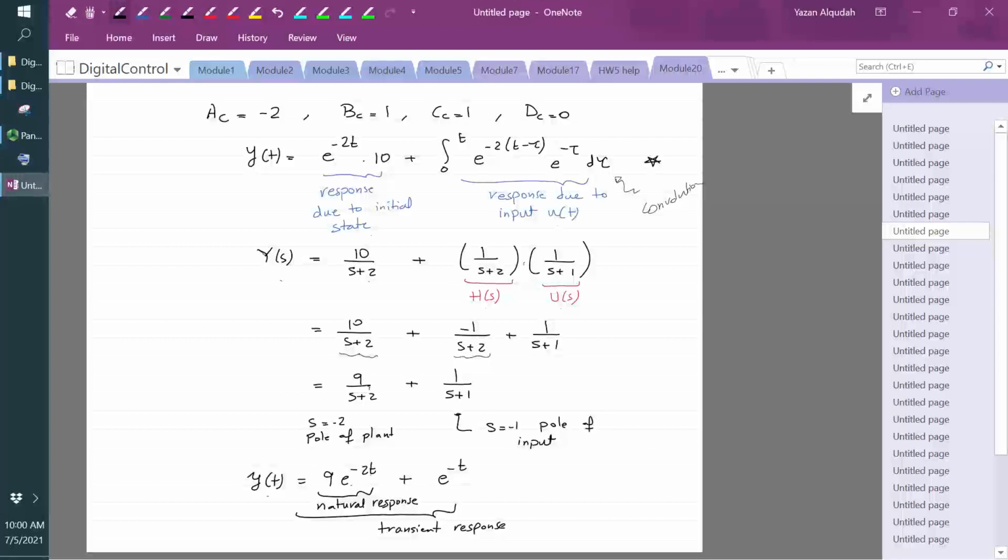Now this overall expression is the transient response. This part of the transient response is the natural response, and this is coming from the poles of the plant, the s equal to negative 2. So part of the transient response is the natural response, and that is coming from the poles of the plant itself. Now there is another term here that is coming from the input.